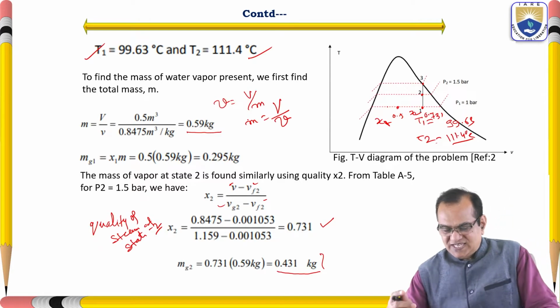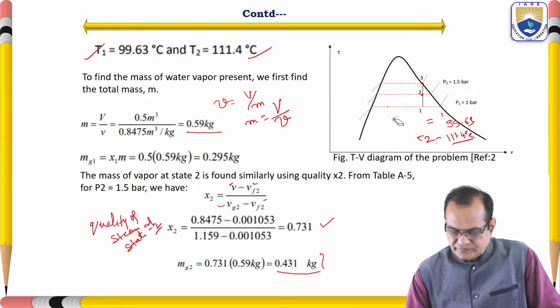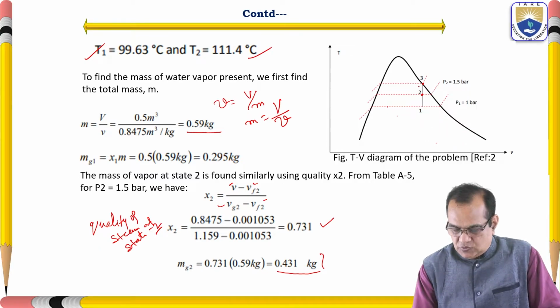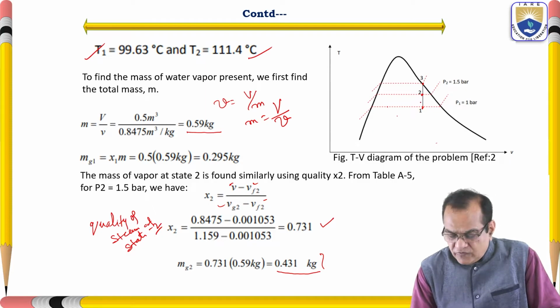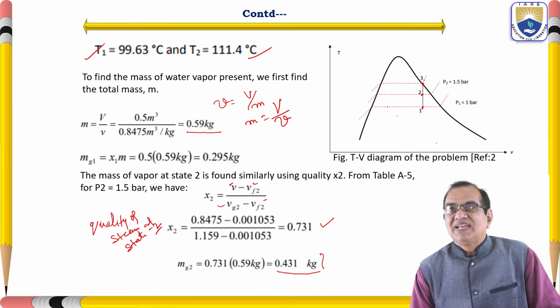States 1 and 2 we have found. Now we extend it until it touches the vapor line, and there we get the pressure.